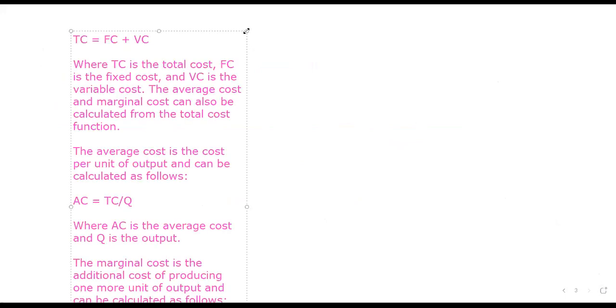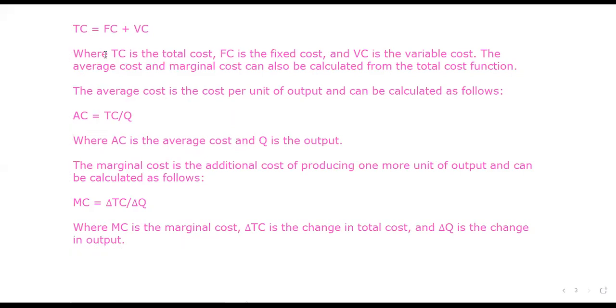Are we moving together? So the TC stands for total cost, FC stands for fixed cost, and VC stands for the variable cost. The average cost and the marginal cost can also be calculated using the same total cost function. So when we divide the total cost by quantity, we create the average total cost or the average cost.